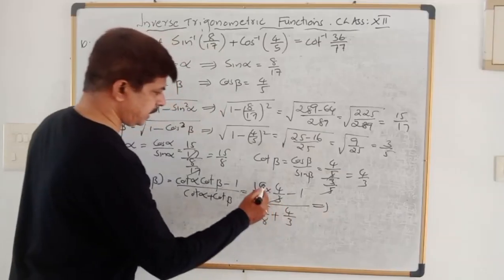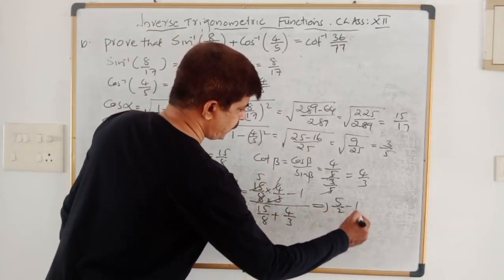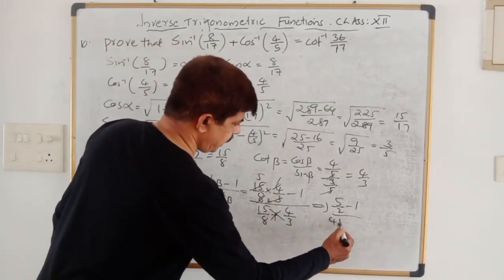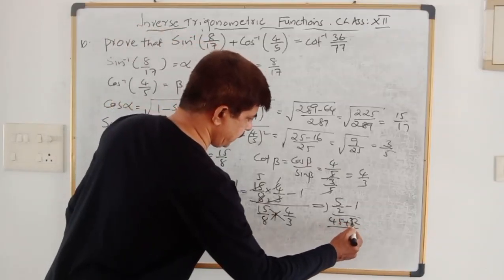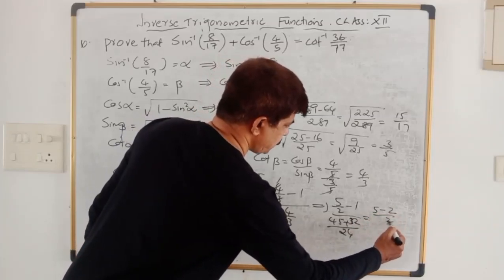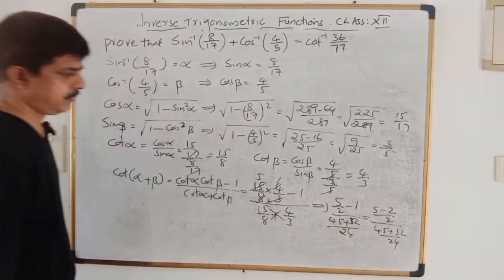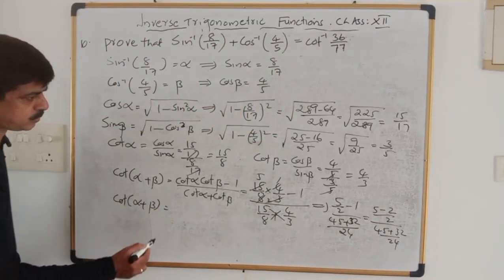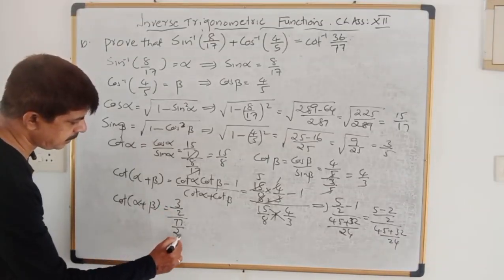While simplifying, cancelling 3, 5 here and 2 here, 5 by 2 minus 1 by 45 plus 32 by 24. So 5 minus 1, that is 3 by 2, by 77 by 24. So the value of cot alpha plus beta is 3 by 2 by 77 by 24.